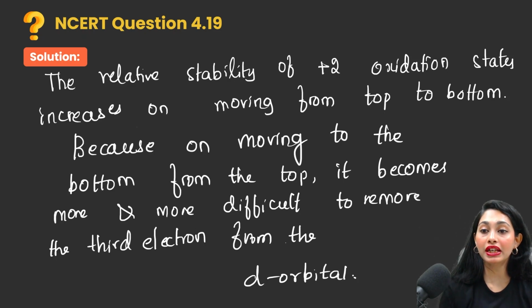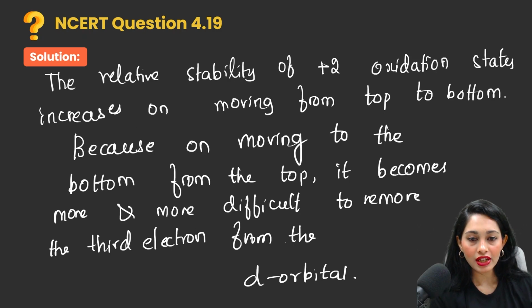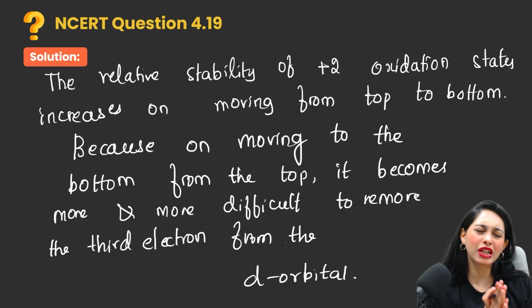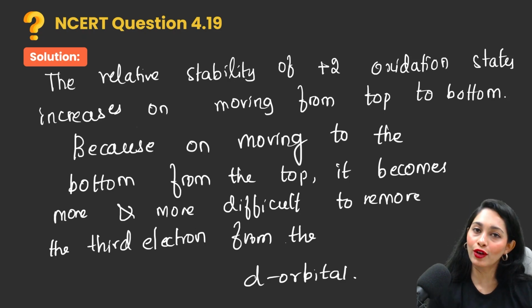Thus, the stability of +2 oxidation state increases on moving from top to bottom. Okay, so on moving to the bottom from the top, it becomes very difficult for us to remove the third electron from the d orbital.